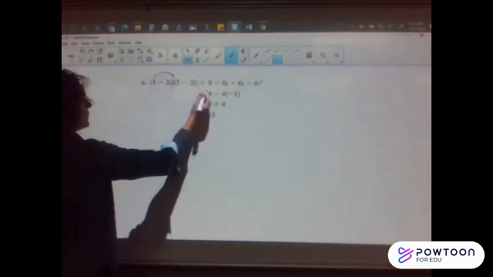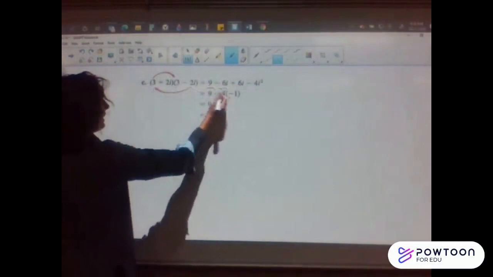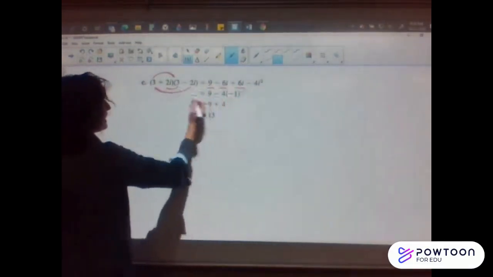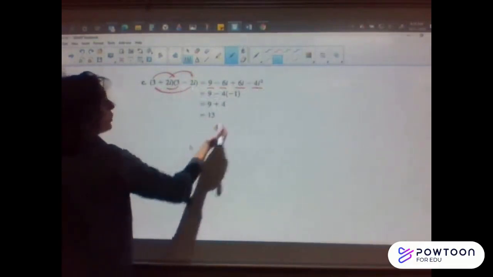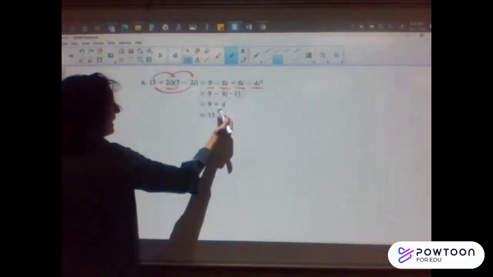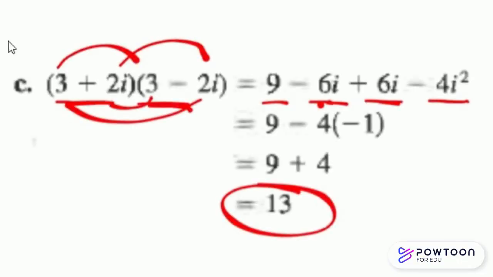Here, first is 9, outside -6i, positive 6i, and -4i squared. Our outside inside, they cancel each other out. Sorry, the video got cut short, but notice how the complex number multiplied by its conjugate resulted in a real number answer.